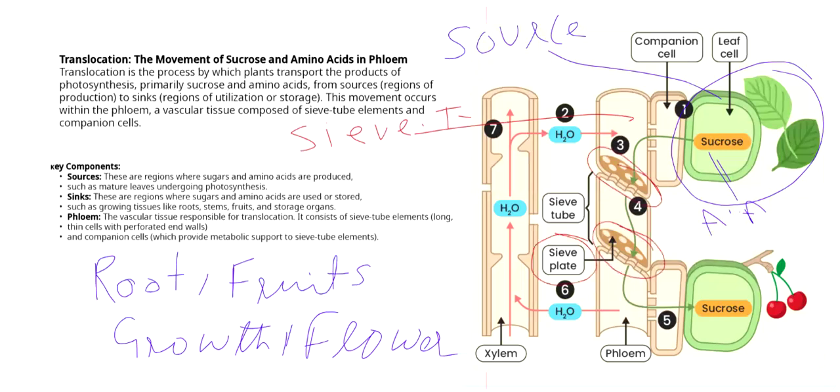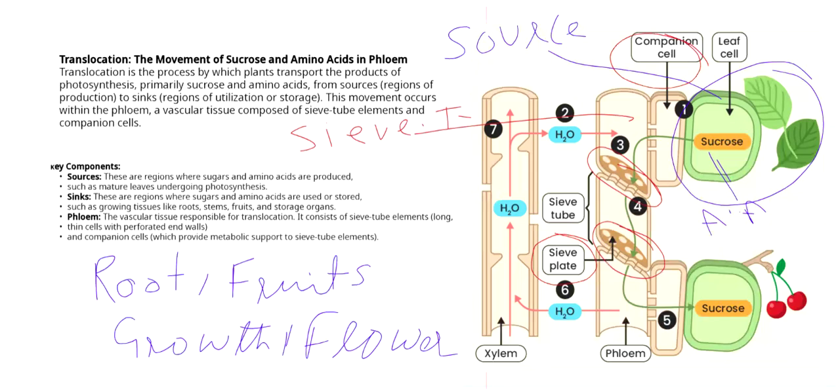Another adaptation of sieve tube cells is that they don't have a nucleus, they don't have a vacuole, they have many mitochondria. Along with the sieve tube cells, some other cells are present which are known as companion cells. These companion cells are really important because food translocated from the leaf mesophyll cells, palisade cells, enters first into the companion cells.